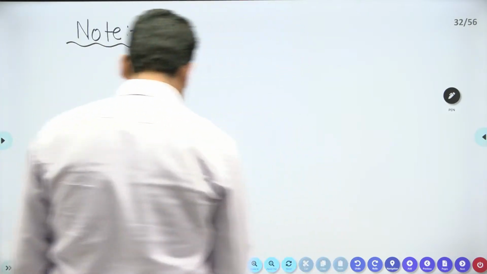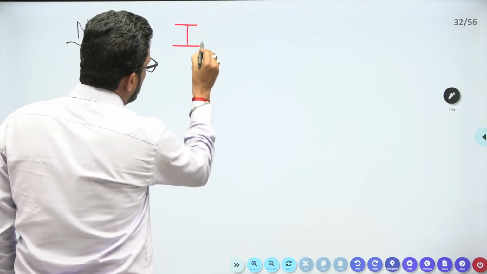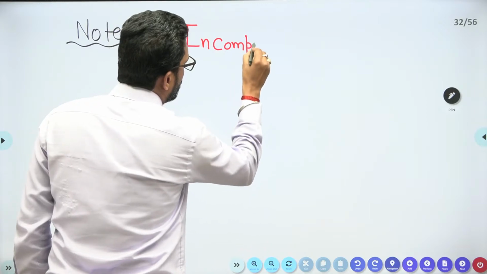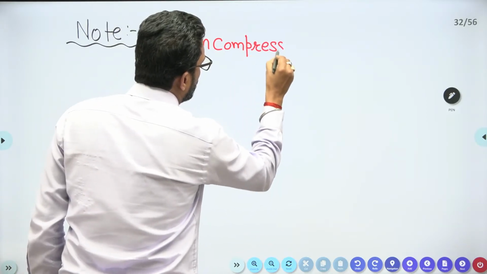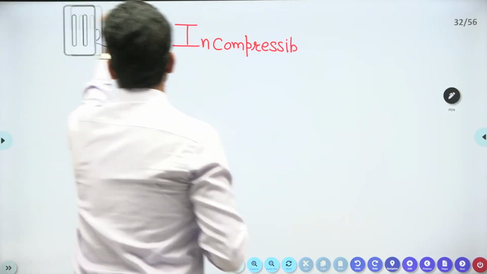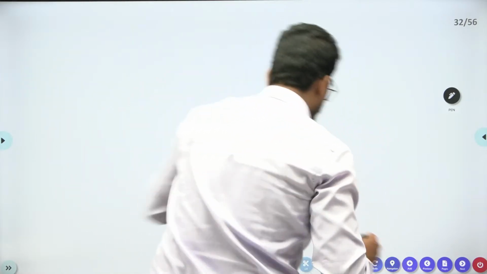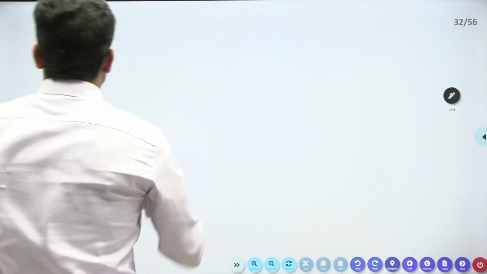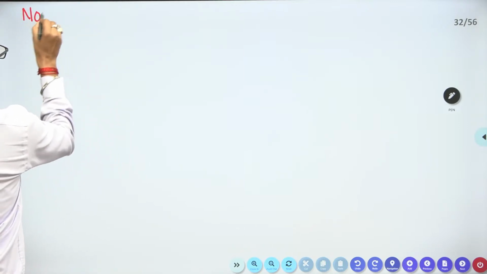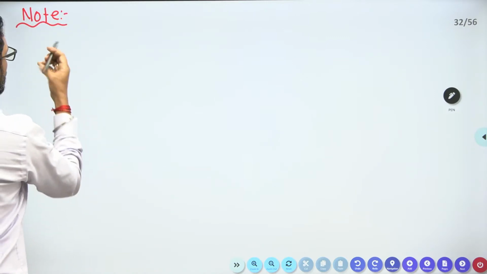What is the note? See, there is one incompressible flow. One second, we write in smaller size, not big. Why? Because there are two things. So first, you have a note. What is that? Incompressible flow.